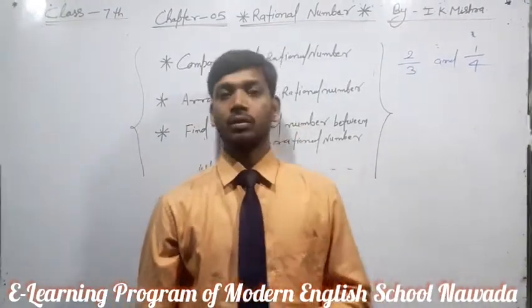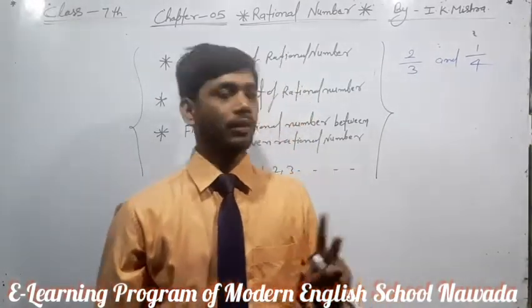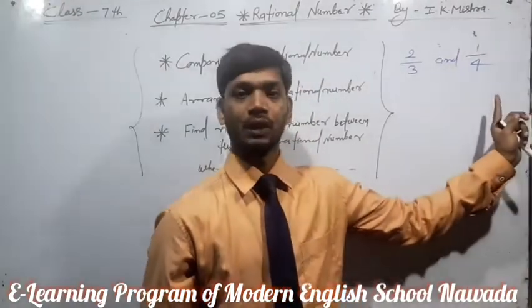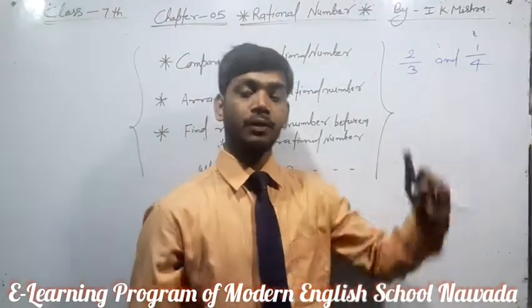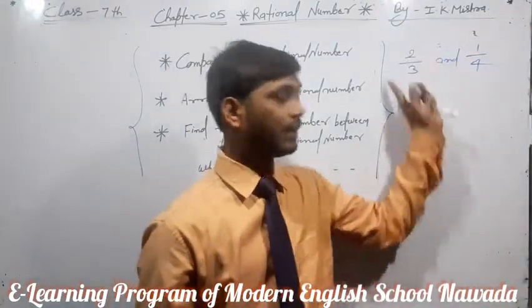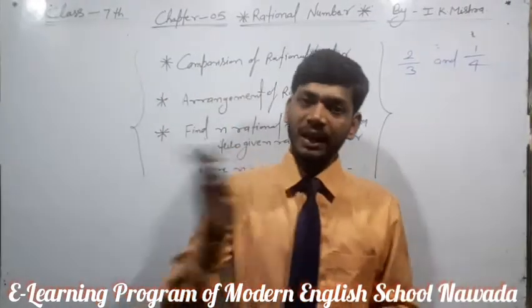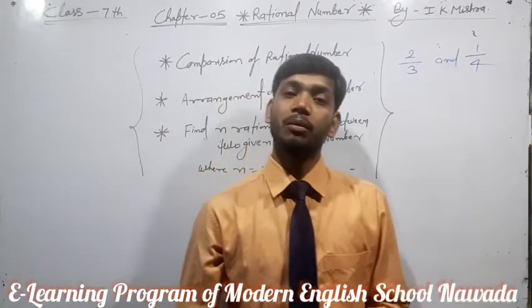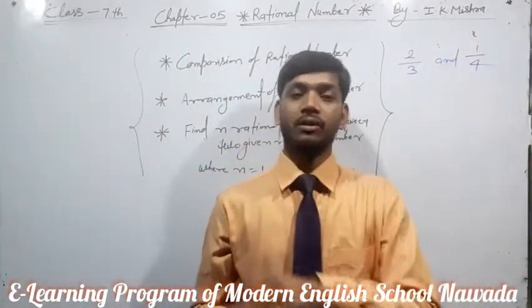First of all, observe that the two rational numbers have the same sign. Here both have a positive sign. If any rational number has a negative sign, that negative rational number is always less than a positive rational number. That means negative rational numbers are always smaller than positive rational numbers.